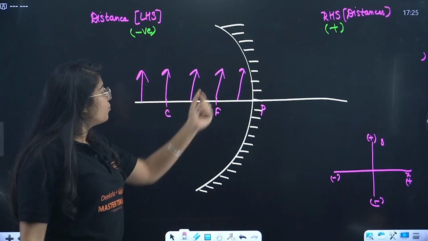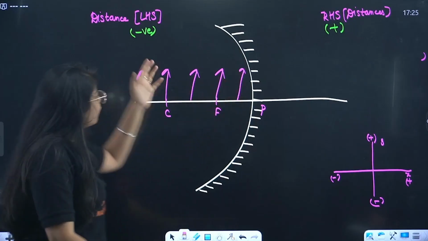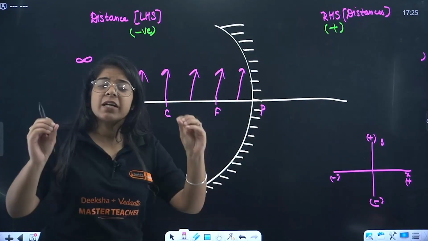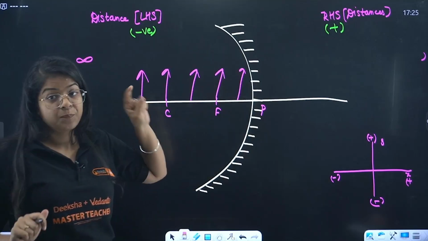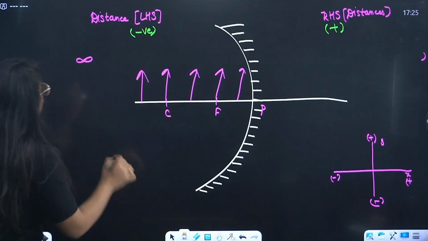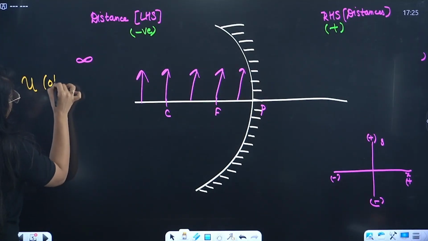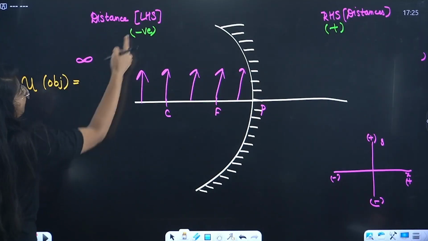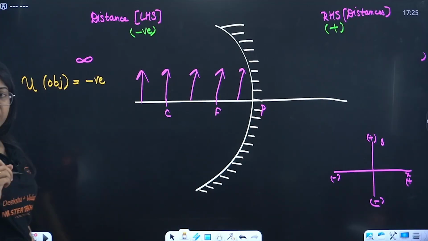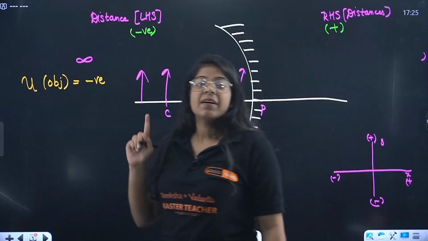It is at focus, at center of curvature, between C and F, beyond C, at infinity, that is also on this side, between F and P. Every single time the object is placed on the left hand side. So U, that is your object distance, is on the left hand side, so it will be negative. Understood? It will have a negative sign.